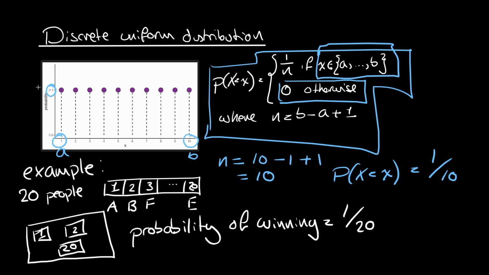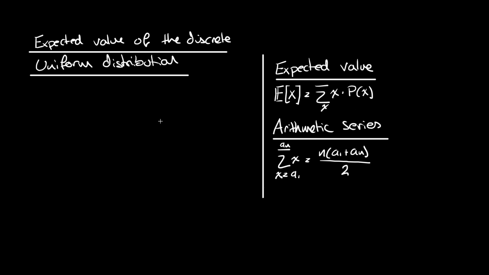Let's look at calculating the expected value of the discrete uniform distribution. To calculate the expected value of a discrete uniform random variable, we need the formula for the expected value of a discrete random variable. I've written this formula here.